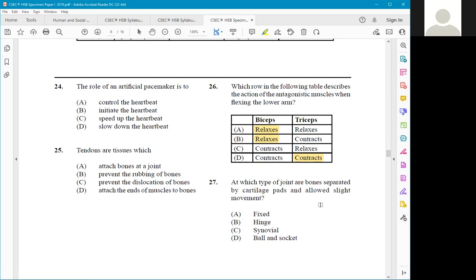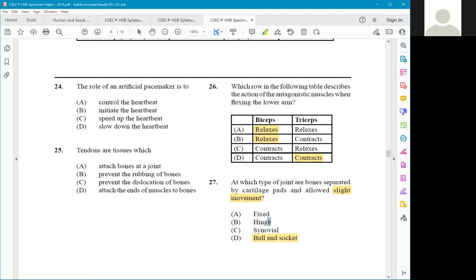Fixed joint, that could be a candidate. Remember, you have some keywords here, slight movement. Pay attention to that. Ball and socket joint is out. This allows the bones to move in so many different directions.